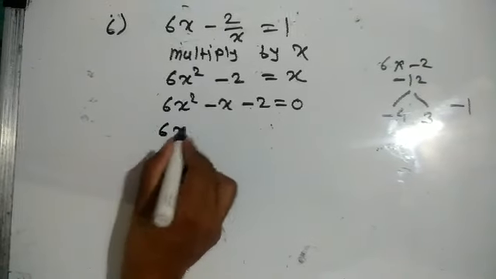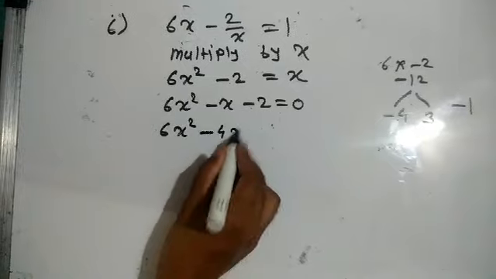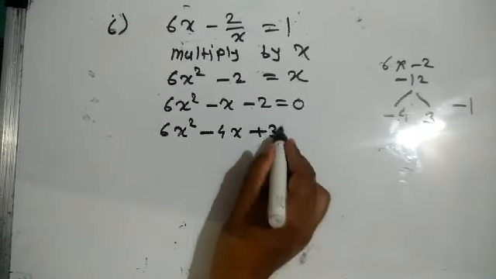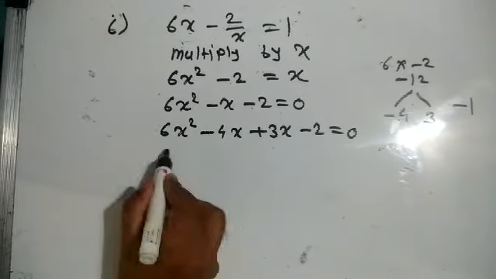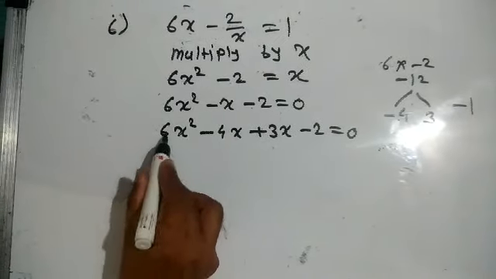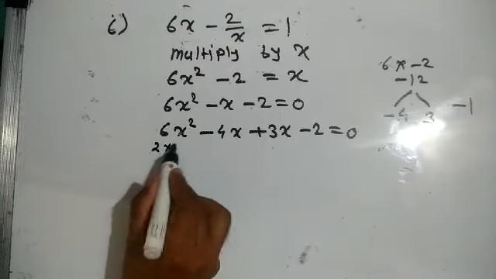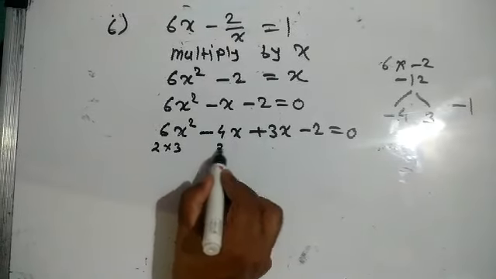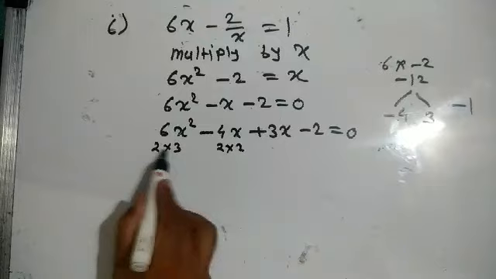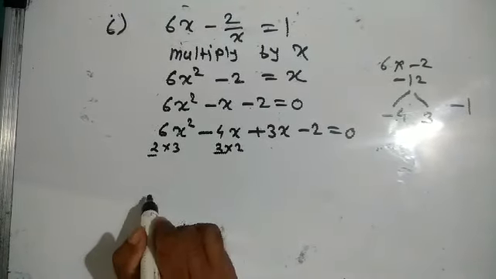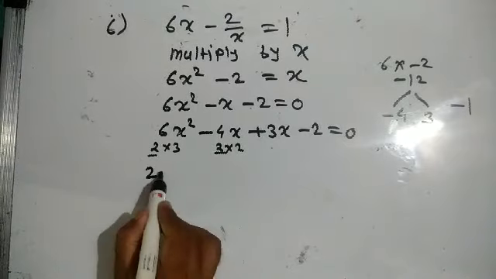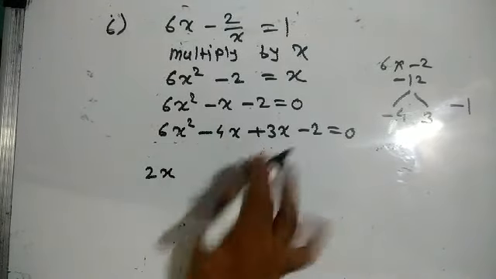Therefore 6x square minus 4x plus 3x minus 2 is equal to 0. Take 2x as common, because this 6 means 2 into 3 and this 4 means 2 into 2. Therefore take 2x as a common.